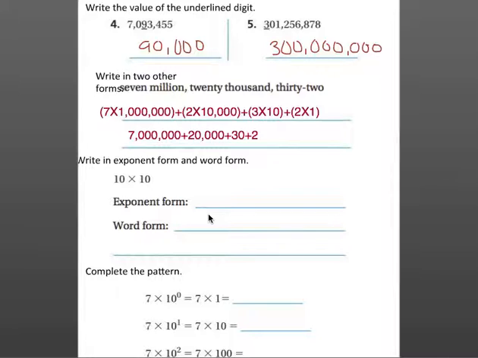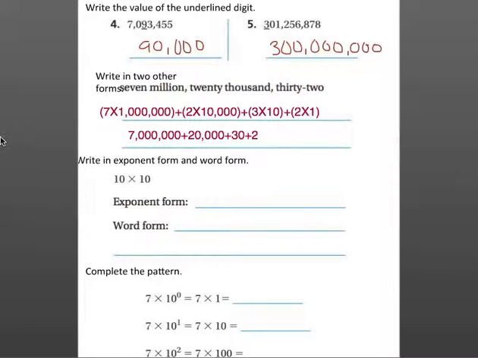Then when we move on to exponents, exponents was another thing that we had in our place value. And so when we're dealing with exponents, it's just putting numbers in the value of 10. So placing them in that value. And so we're going to talk about that. So exponents are just ways of showing a large value and shrinking it down so you don't have to write out so many zeros with numbers.